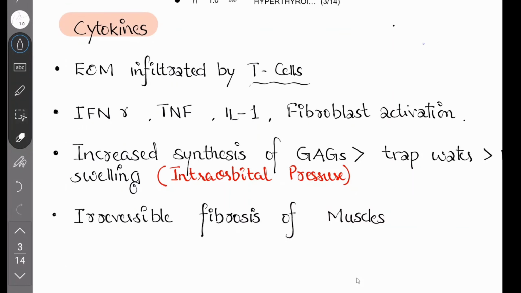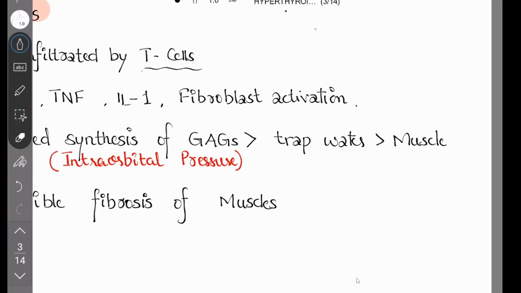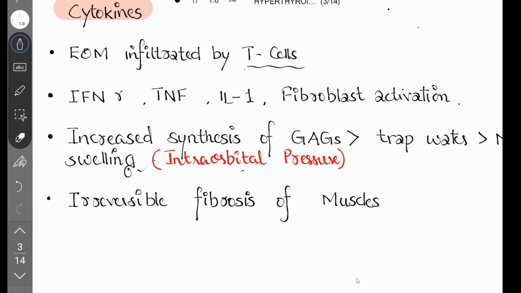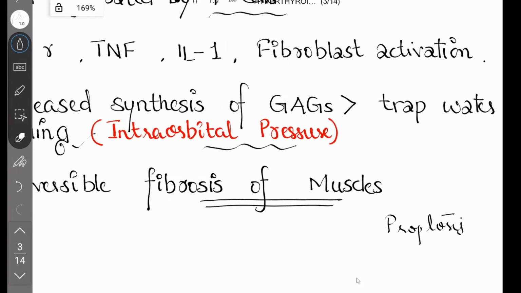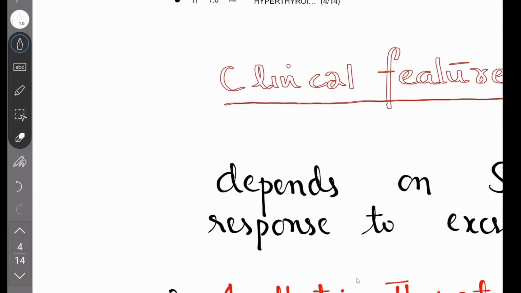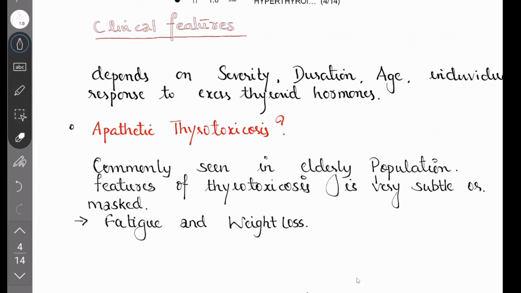The increased synthesis of glycosaminoglycan in the intraorbital area will trap water, and the muscles swell, which leads to intraorbital pressure, which leads to irreversible fibrosis of the muscle, which mostly leads to proptosis, and in major cases it can lead to optic nerve damage. Okay, keep that in mind.